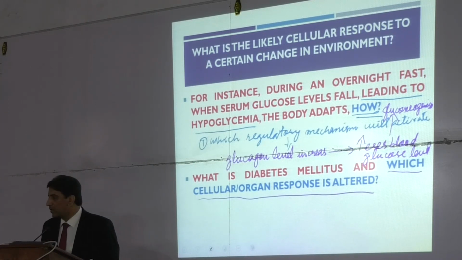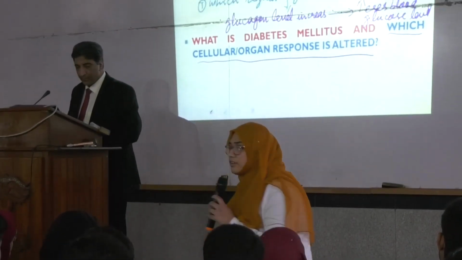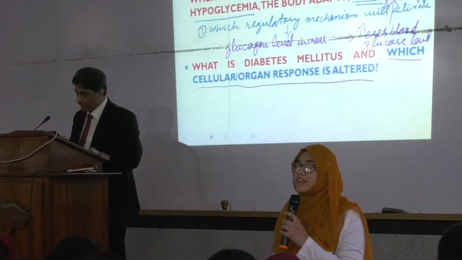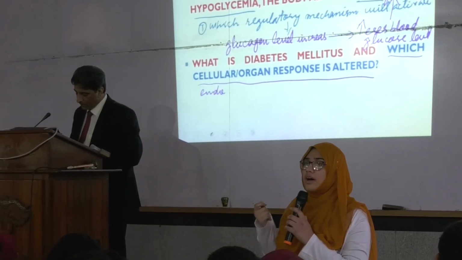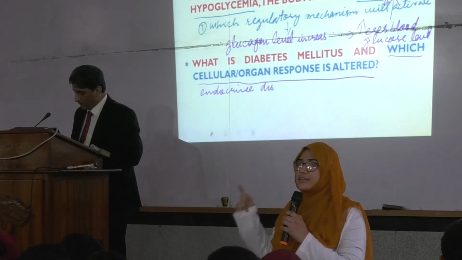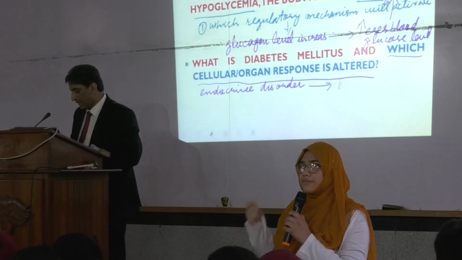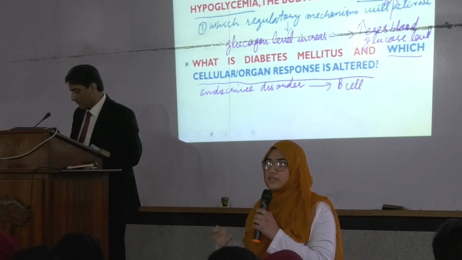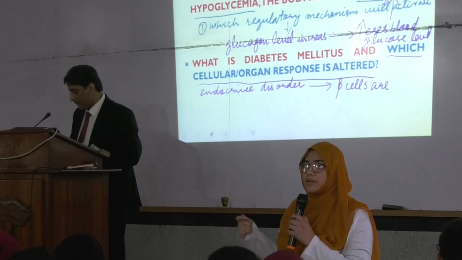If anyone knows, raise your hand. Yes? Diabetes mellitus is primarily an endocrine disorder. There are two types, type 1 and type 2. Type 1 is actually an autoimmune disorder in which the beta cells of the islets of Langerhans are affected. They cannot produce insulin. It is especially in young people.